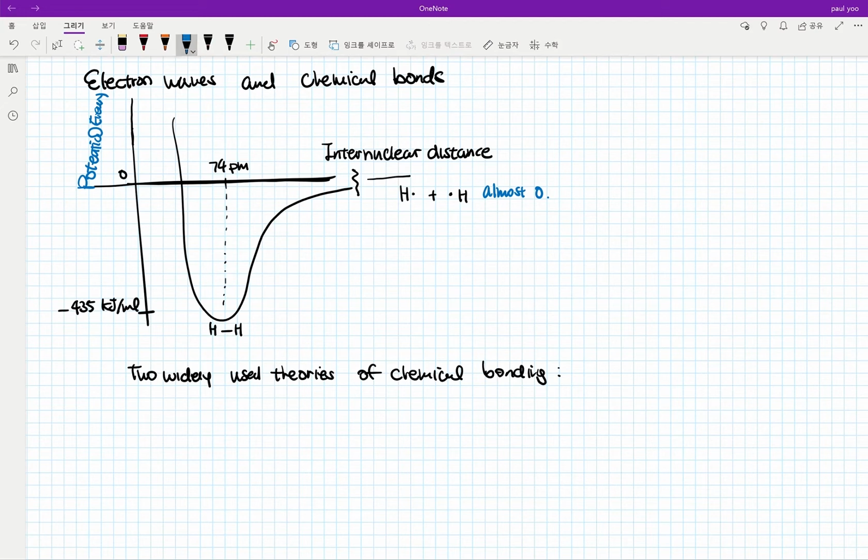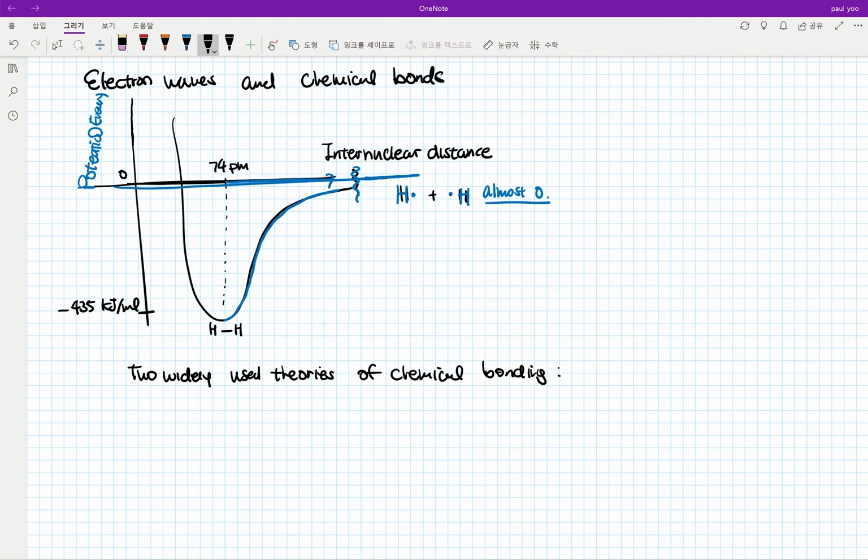As the internuclear distance gets larger, we follow the graph. When it's so large that the 2 hydrogen atoms do not form the bond anymore, we will see hydrogen radicals, and the potential energy between the 2 hydrogens is almost 0.